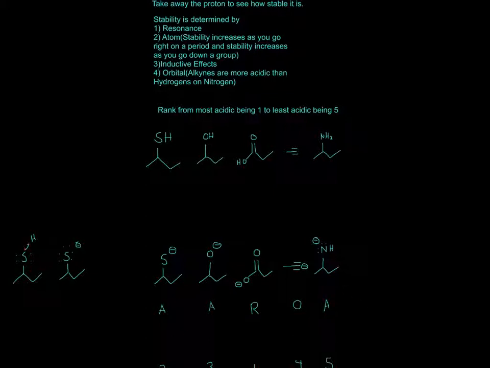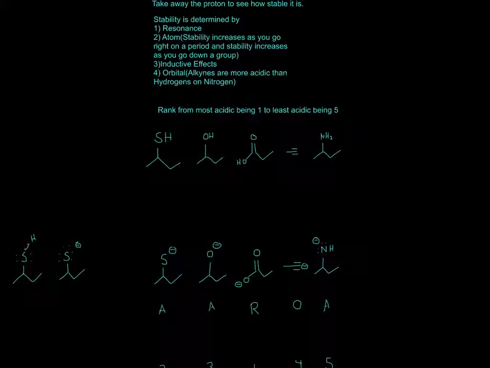Now before I start atoms, I have to mention that alkynes being more acidic than hydrogens on nitrogen is actually an exception to the rule. So even though it's fourth place and should be the least important, making this immediately 5, it's actually not, because since it's an exception, it makes it better than nitrogen. So keeping that in mind, we can move forward.